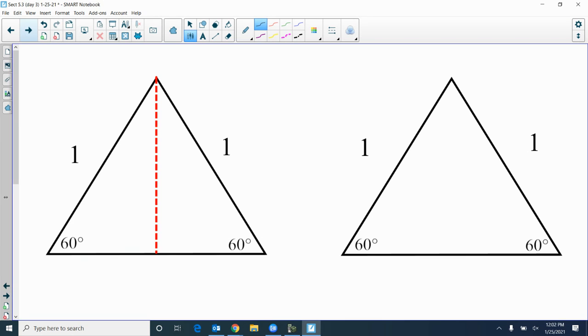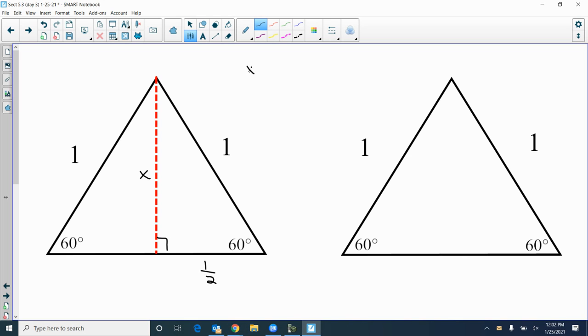Since it's a unit circle, we want length 1. If this is equilateral, what's going to be this length right here if I drop that perpendicular down? It's going to be 1/2. Can I figure out what that other length is? Yeah, we've got a right triangle.